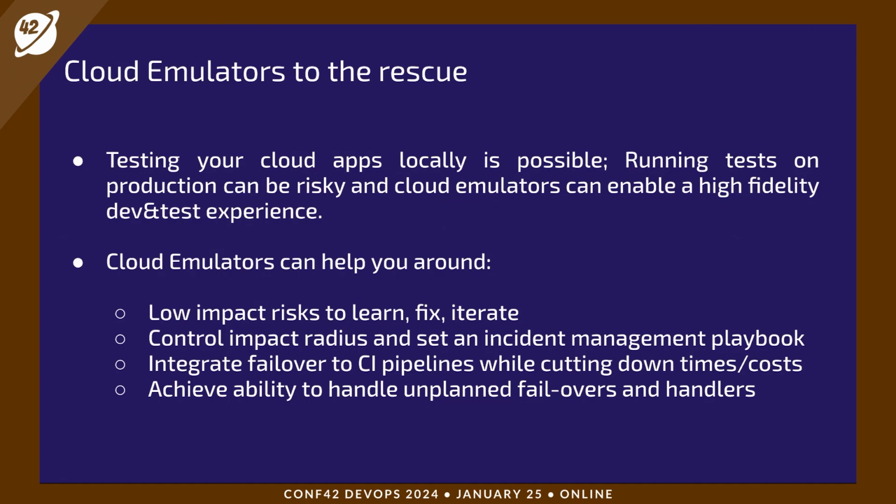This means that you can run these tests repeatedly, and make sure that none of the code or infrastructure that you're adding to your application will negatively impact it in the long run. And finally, you will achieve the ability to handle some of the unplanned failovers or handlers that you might end up missing, and you can develop more resilient, better tested solutions at the end of the day.